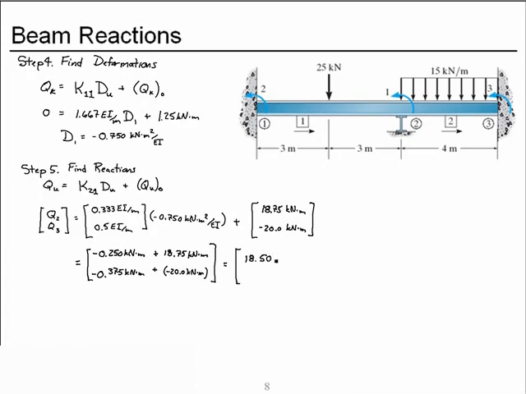The resulting reaction at degree of freedom 2 is 18.5 kilonewton meters, and at degree of freedom 3, 20.38 kilonewton meters.